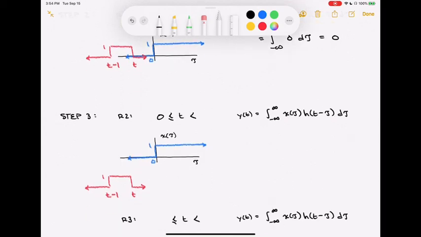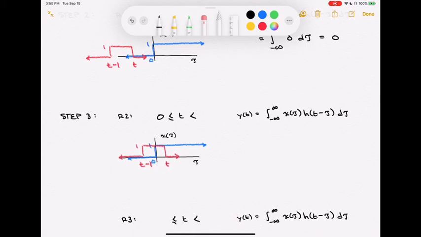Let's do the same sort of game where I grab that h of t minus tau, and I allow myself to move it across the other waveform. We had already handled the step where that pulse is to the left of the unit step x of tau. Now we're looking at when that pulse is entering the unit step. In that case, the integral of x of tau times h of t minus tau will have a particular form.